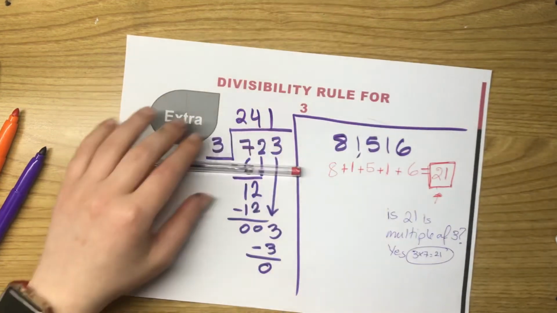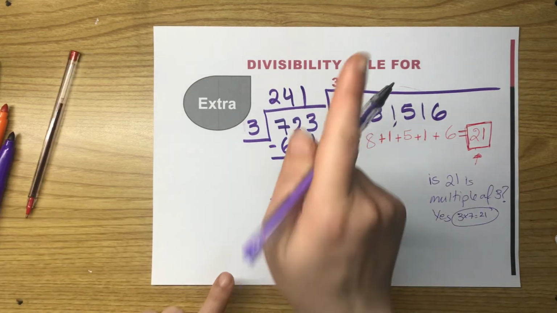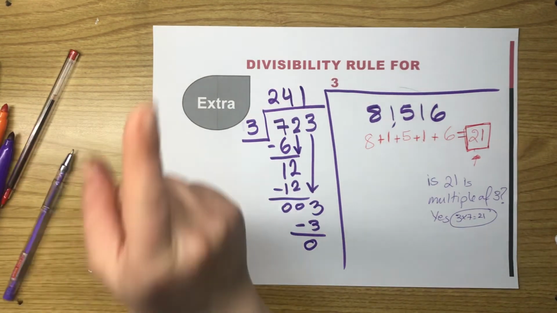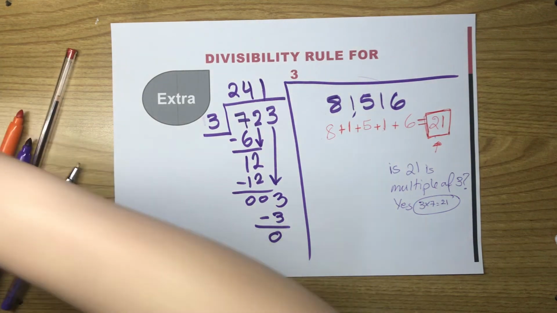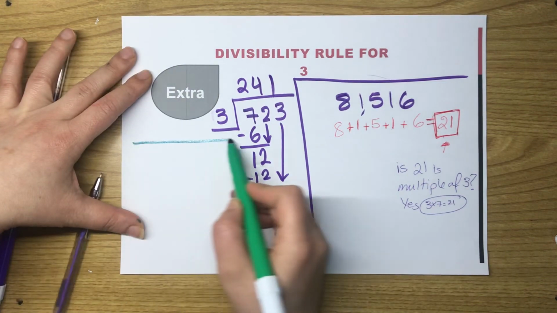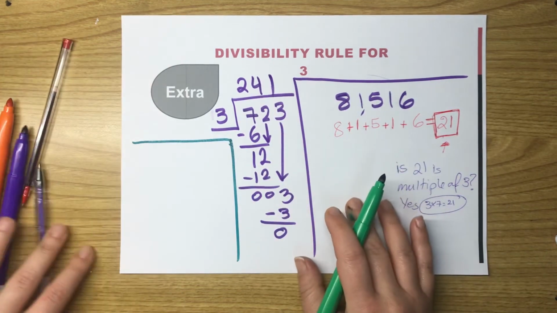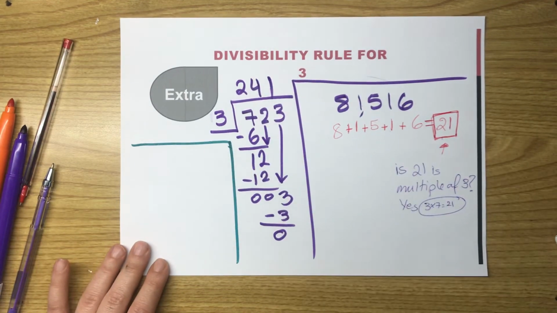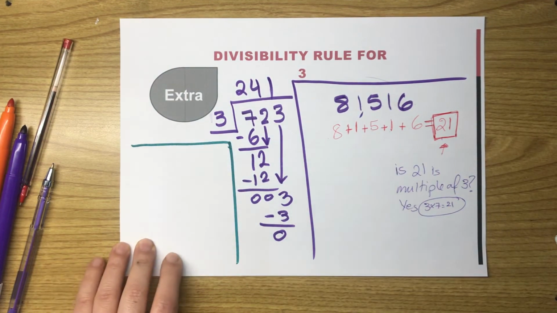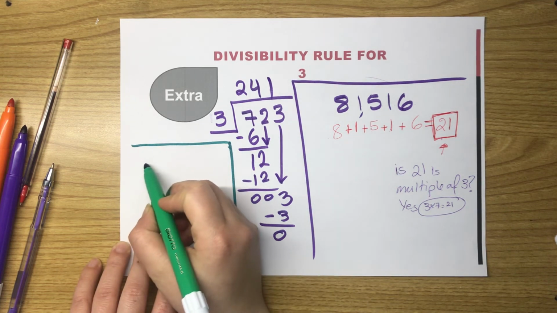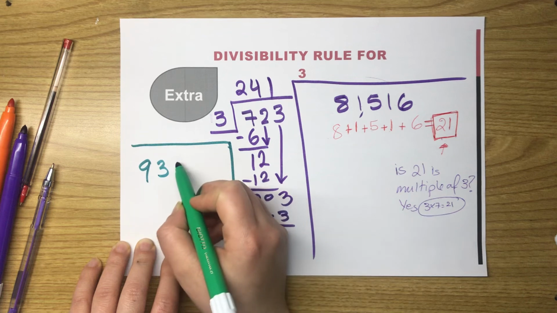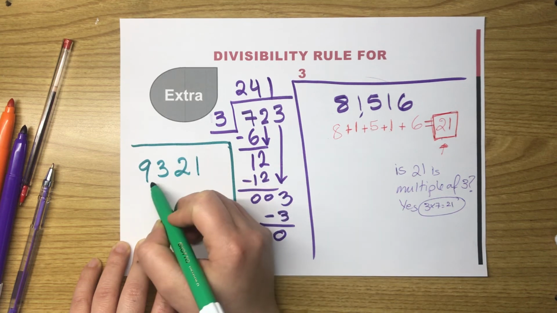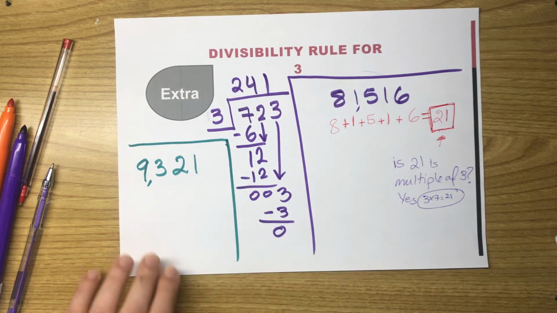Yes, I'm going to give you another example, and you are going to try it on your own. I'm going to give you a minute so you can try it. Try it out, guys. You can do it mentally, by the way. 9,321.